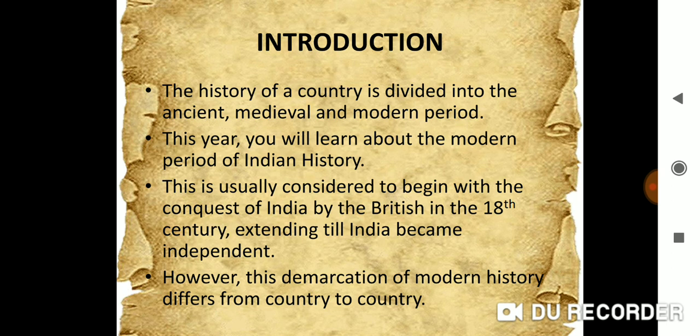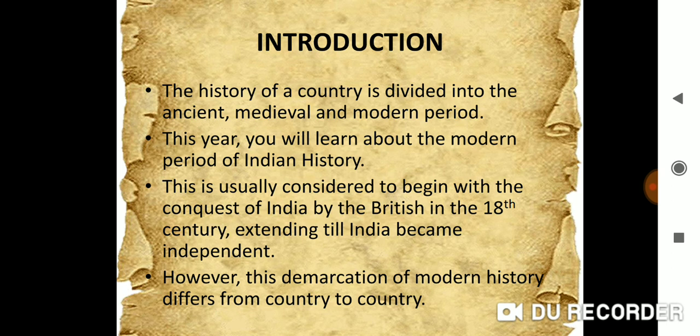Basically, according to the timeline or time period, in the previous class you already know that medieval history ended in the year 1707. So modern Indian history starts from 1707, meaning after the death of Aurangzeb, till date.